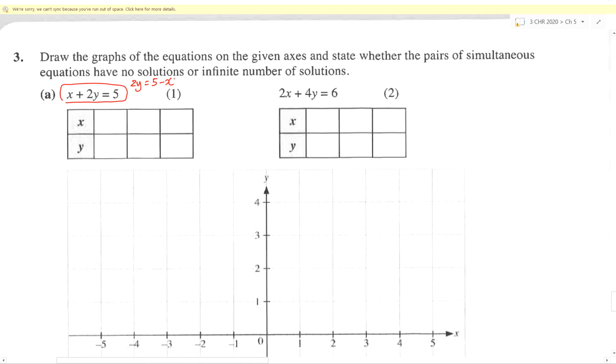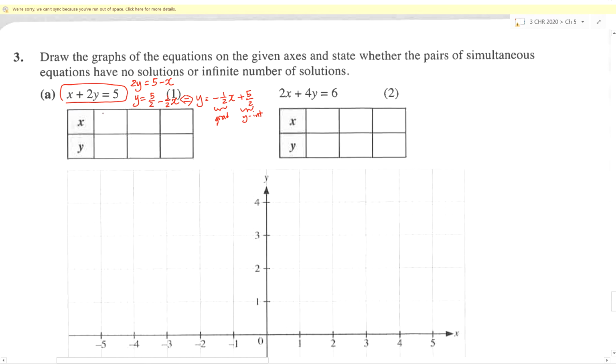Next, we divide by 2 on both sides, so y equals 5 over 2 minus half of x. We would rather write it this way: y equals negative half x plus 5 over 2. Because from here, we can tell that negative half is the gradient and 5 over 2 is the y-intercept.